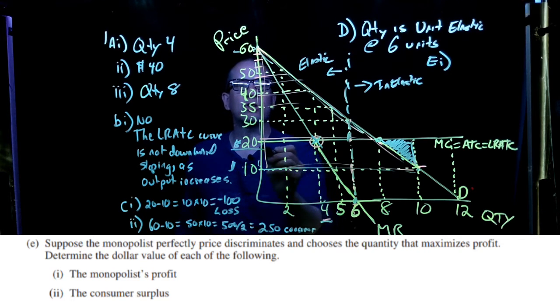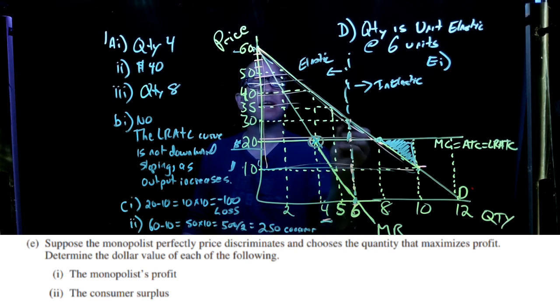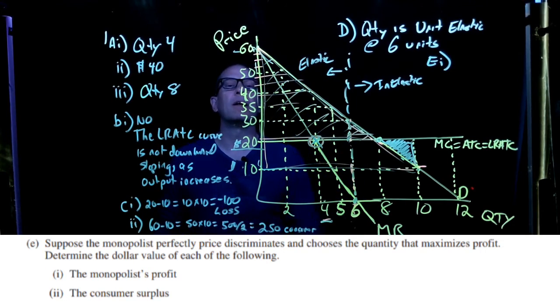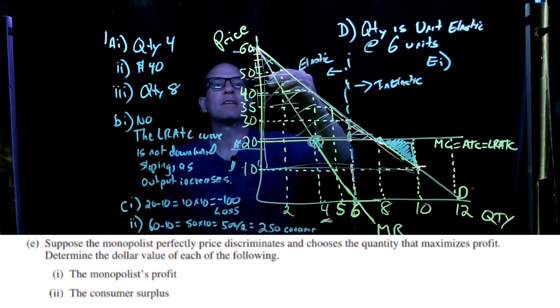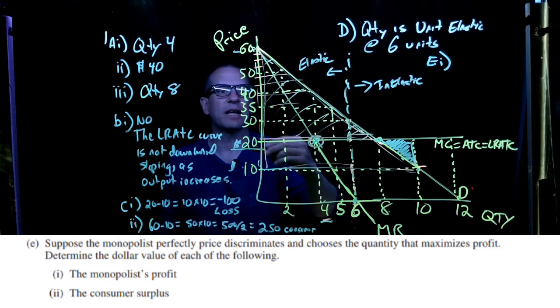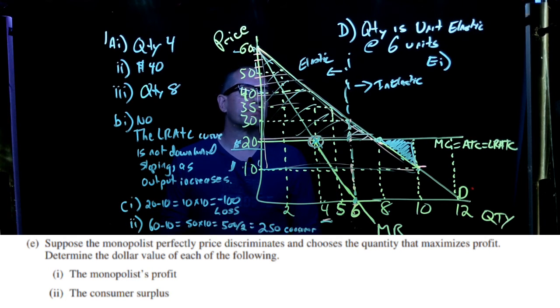All right. So this is where they will produce, but they will be selling all of the units that are within that triangle right there, because they can sell some at $58, some at $50, some at $42, some at $36, some at $29, and then clear the rest out at $20. So what we're doing is looking for the area of that triangle.